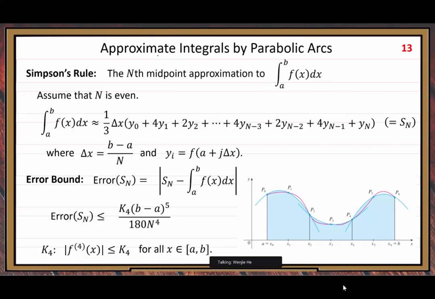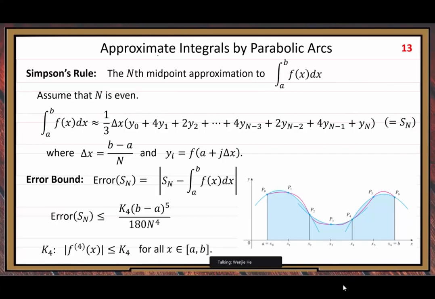So very powerful. But you need to use some special way to calculate the summation.